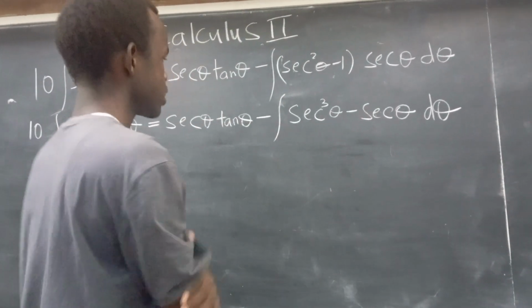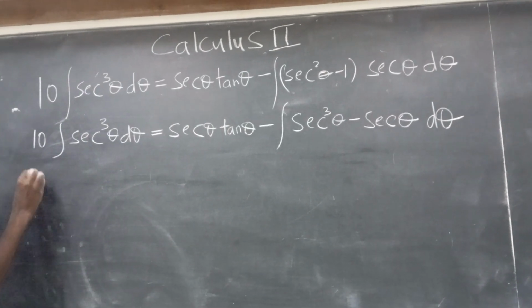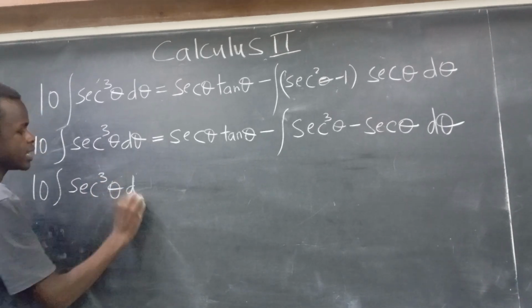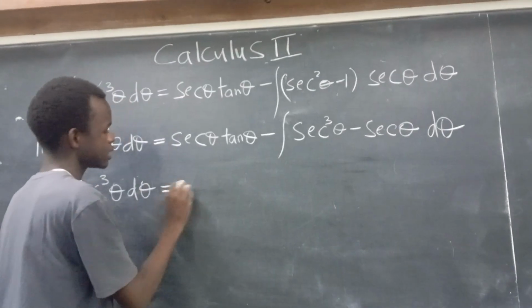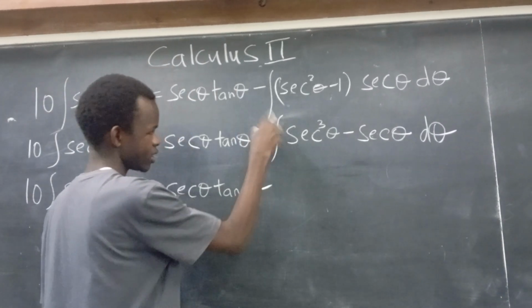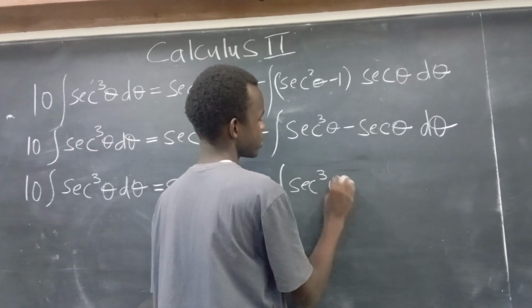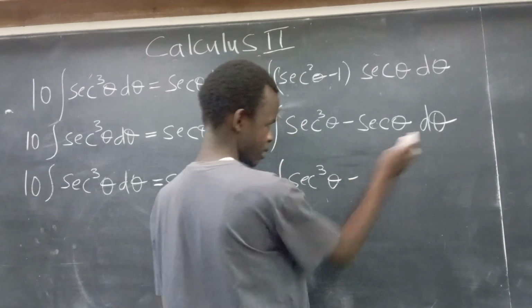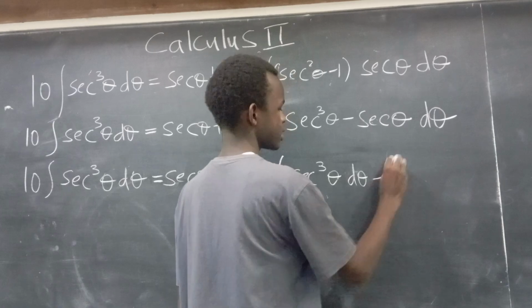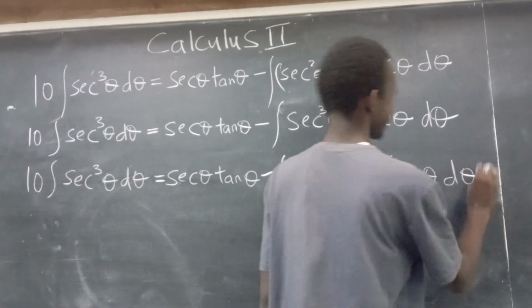So from here, as you can see, we'll just split our integral into 2. So I'll get 10, the integral of secant cubed of theta d theta equals secant of theta tangent of theta minus, I'll split the integral into 2, the integral of secant cubed of theta d theta minus the integral of secant of theta d theta.